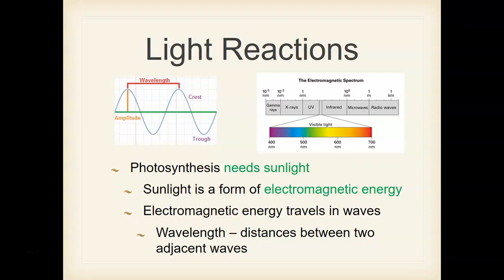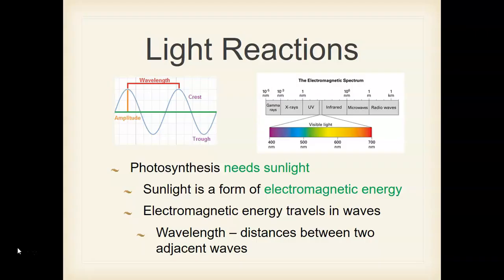The bigger the wavelength, the more distance between crest to crest or peak to peak, the less energy it has, but it'll tend to dissipate over bigger portions of time.